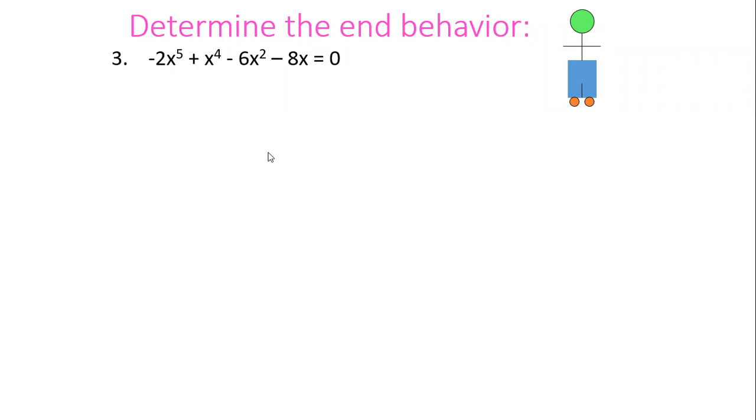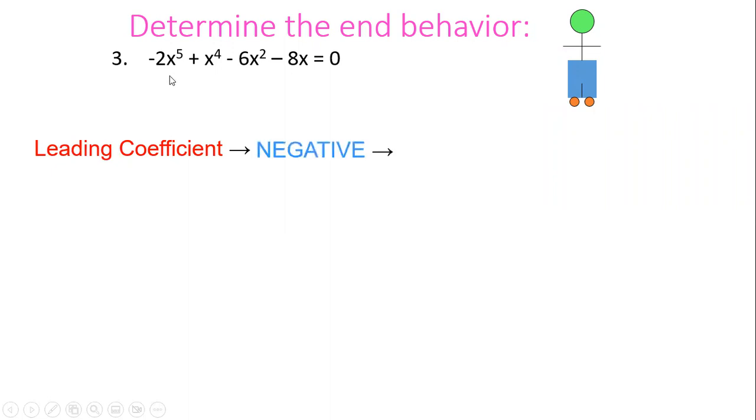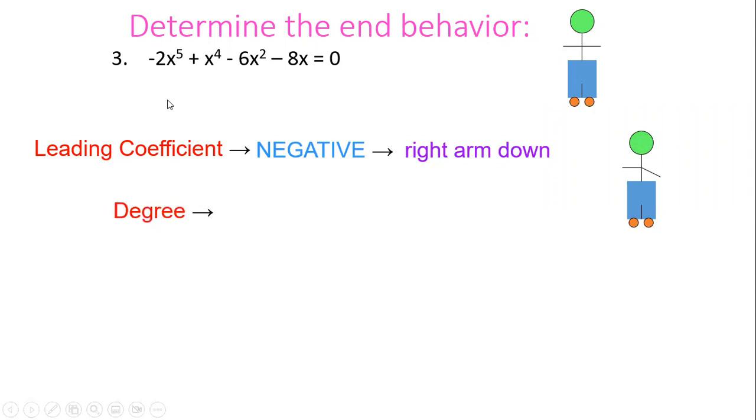Here we go, guys. First, our leading coefficient is -2. So it's negative, which means that our right side should be going down. Our degree is 5. It's odd, so therefore it's going to be doing the opposite.